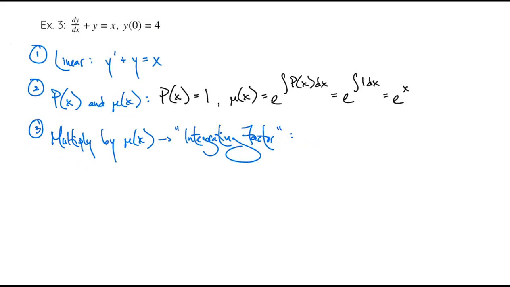So we multiply through, we get e to the x y prime plus e to the x y equals x e to the x. Okay, so far, not too bad.